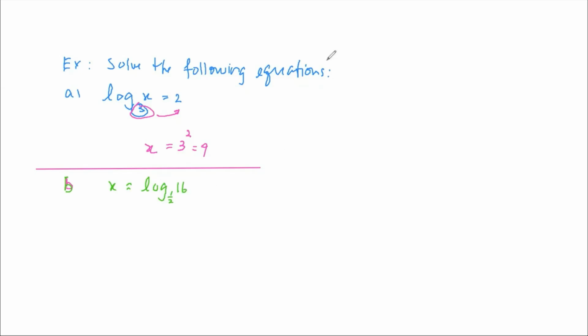The base is 1 over 2, right? Then you move 1 over 2 to the other side. So you have 1 over 2, and the x moves up to be the index of 1 over 2. For this one you have to write the whole thing with the bracket and power x. When you convert this, the word log is gone. Then 16 is written in the same place.